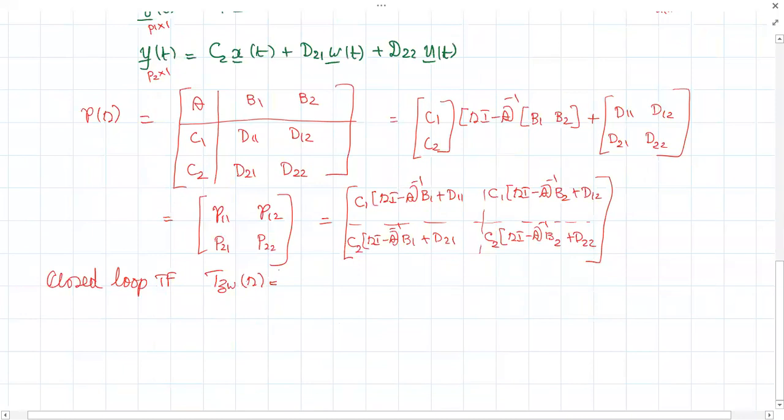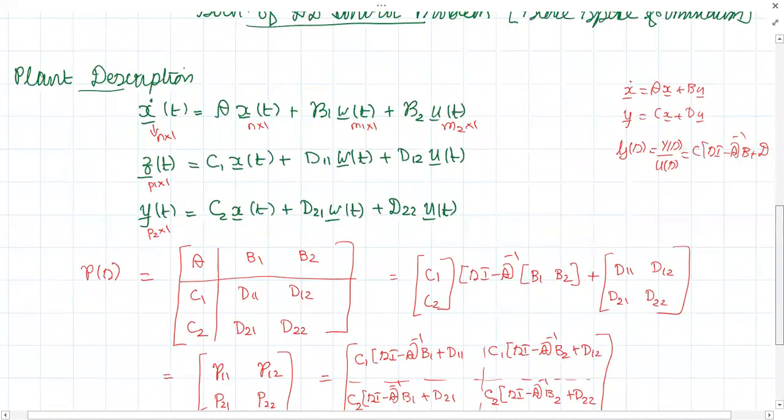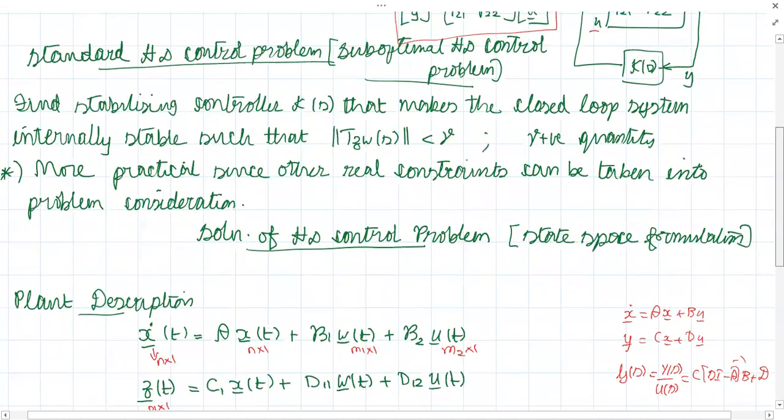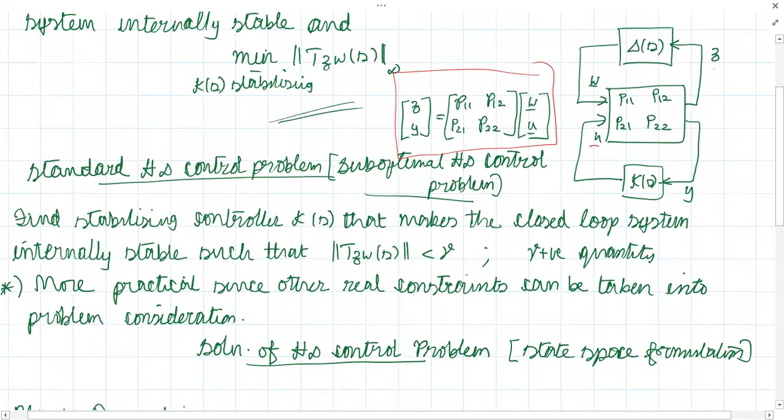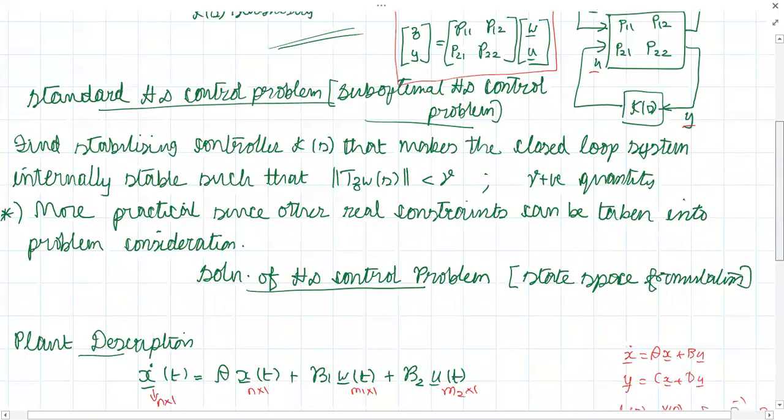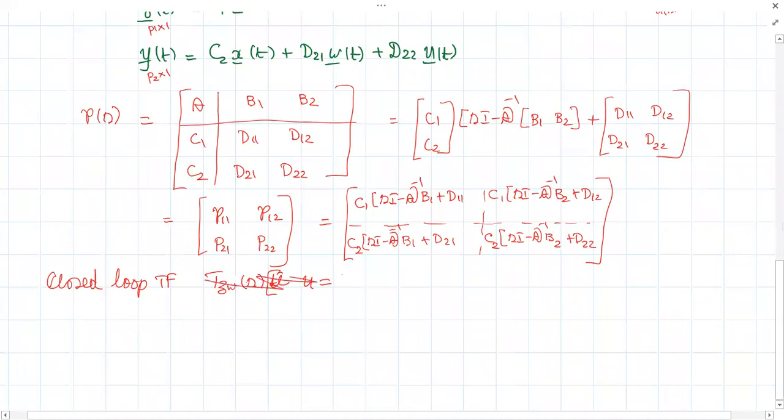Closed loop transfer function, that is T sub zw. What will you get from this? What was the expression? P11 plus P12 K into (I minus P22 K) whole inverse P21.